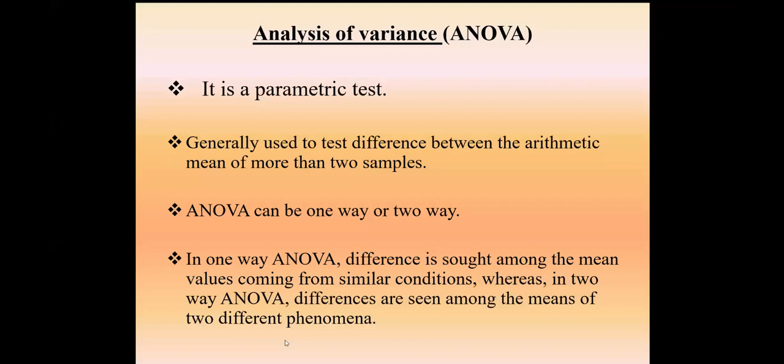All those statistical analyses in which mean value, that is arithmetic mean, median or mode, or standard deviation, standard error, variance, if these values are required, that is values of central tendency and values of dispersion, then that test becomes a parametric test.